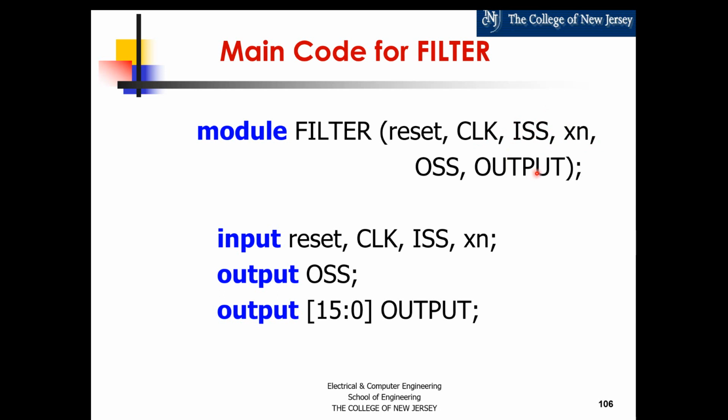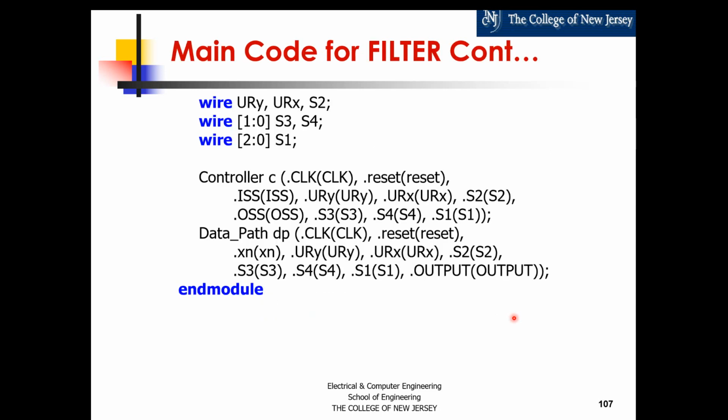It's going to have the output and another output that is going to tell the next entity that output is valid. So I have these 1-bit inputs, 1-bit output, and the 16-bit output, which is my actual conversion. So all I have to do is define some wires to hook up the controller and the data path together, and I have my filter.